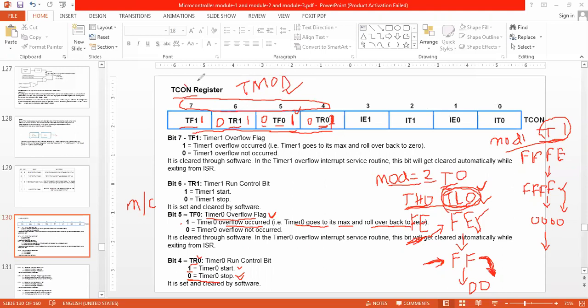TCON register is there, TMOD register is there, timer 0 register and timer 1 register are there. Inside timer 0, TH0 and TL0. Inside timer 1, it is divided into TH1 and TL1. Have you understood all these registers' functions?